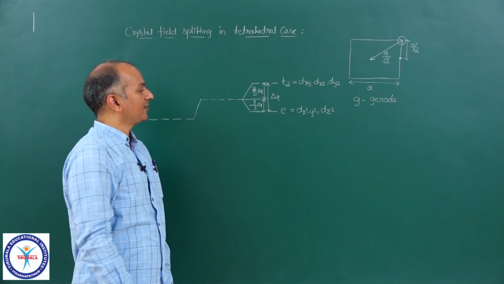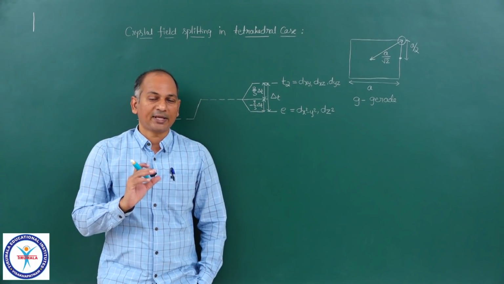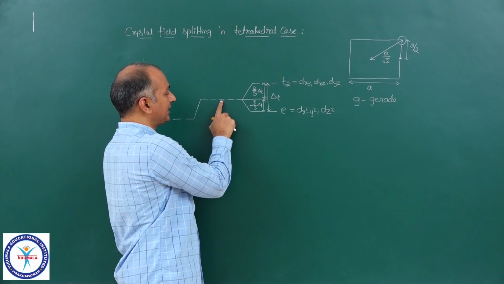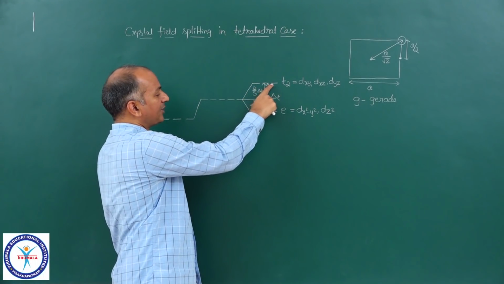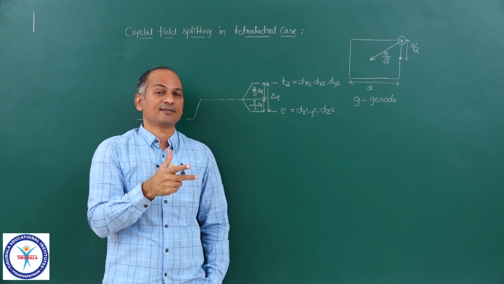Now this is the splitting pattern in tetrahedral complexes. Two orbitals are stabilized with respect to this level, not with respect to this level. All of you keep this in mind. And three orbitals are destabilized. The energy of those orbitals is raised.